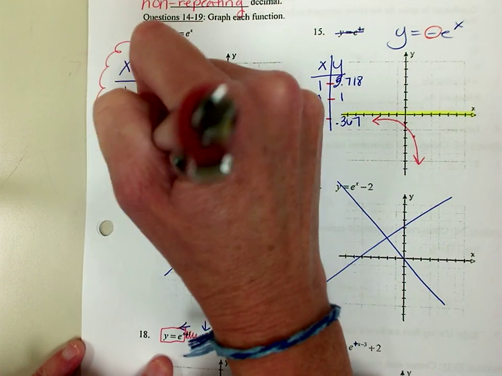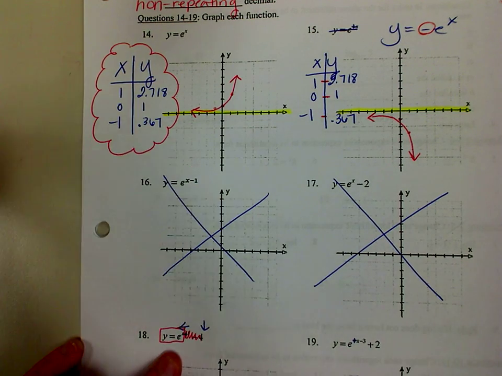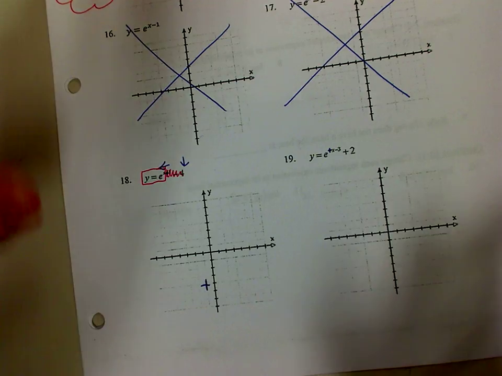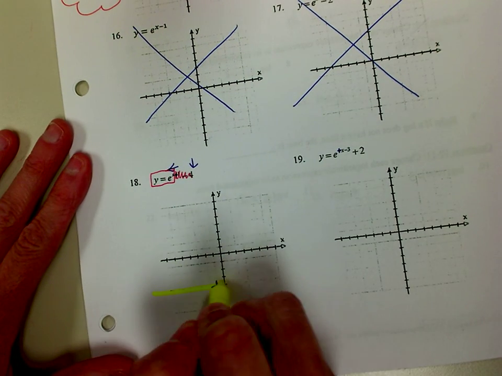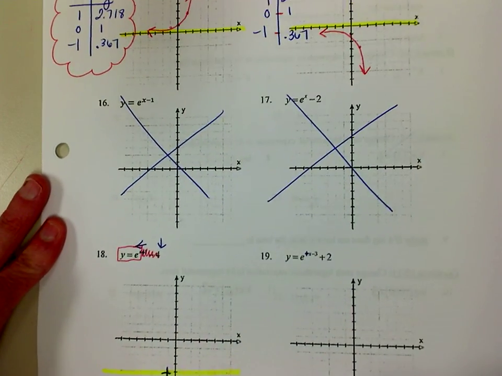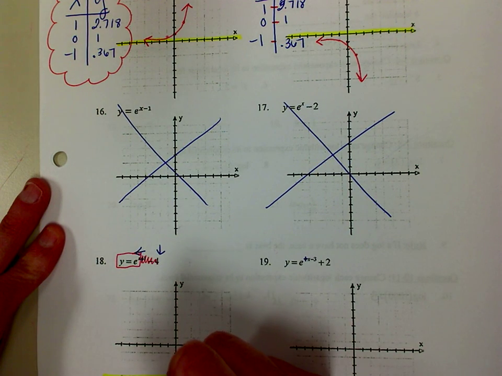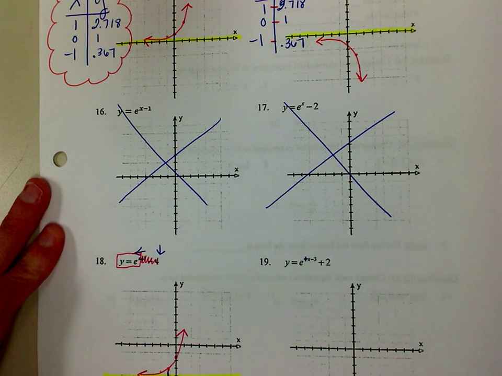I don't have any negatives, so I'm going to use that exact same table because my base is e still. The only difference is that I moved my origin. So my origin's down here now. So I'm going to plot the points from the table that I have on 14. And connect. We have exponential growth.